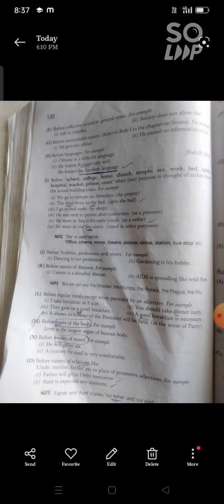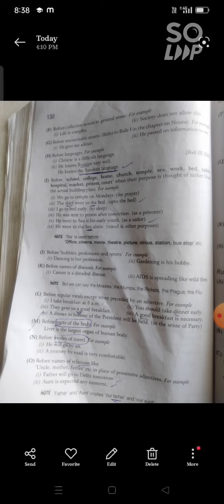And one more important rule: before hobbies, professions, and sports, we never use any articles. For example, dancing is her profession, gardening is his hobby. Next, before names of diseases: cancer is a dreaded disease, AIDS is spreading like wildfire.